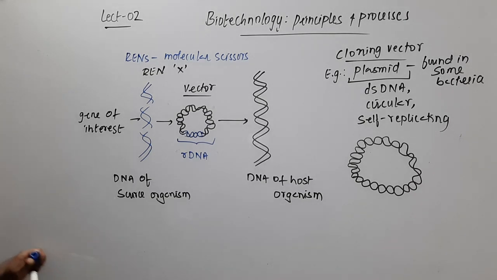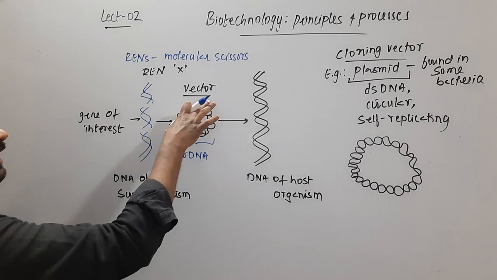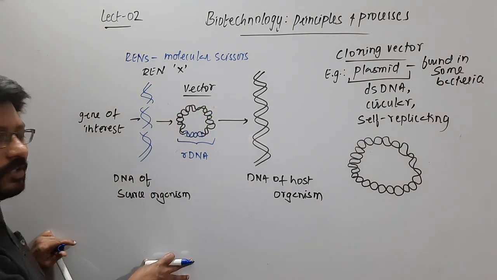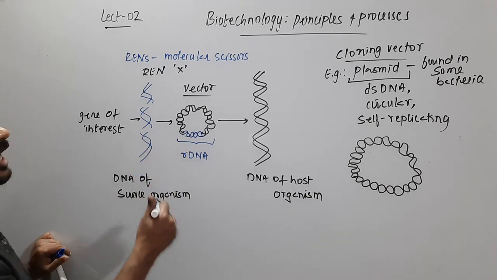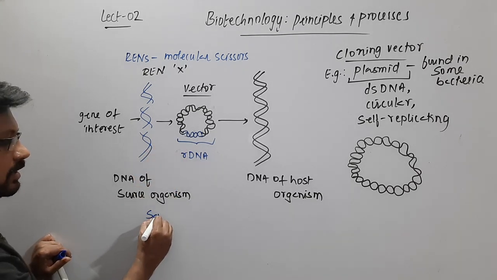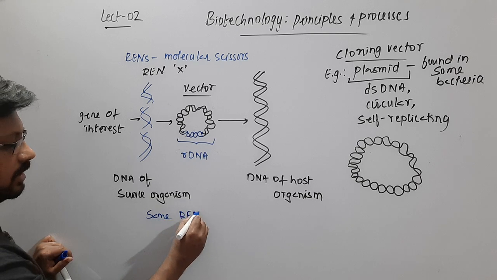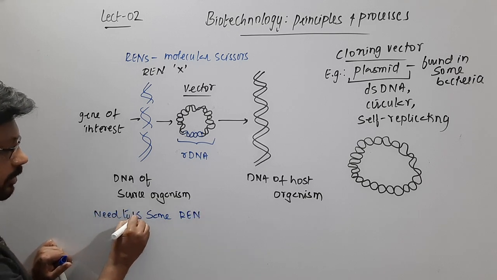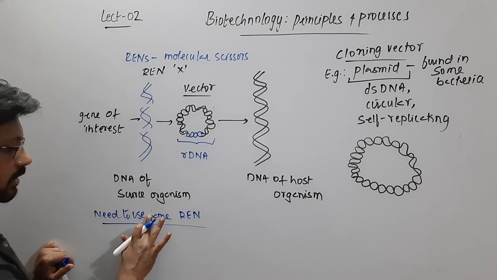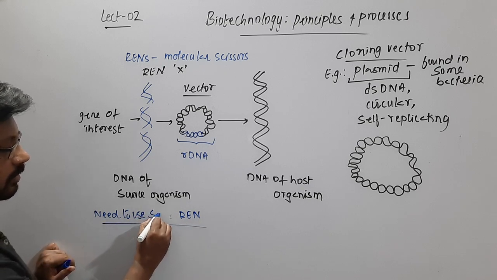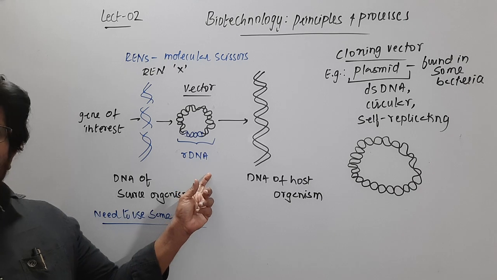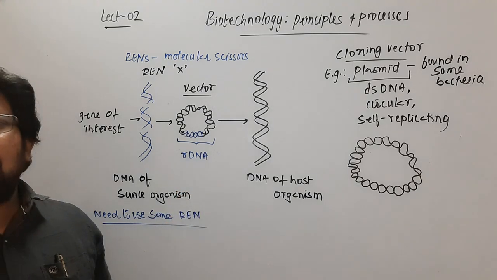Now to do this, for the vector, for the DNA of the source organism and the DNA of the host organism, for all that I need to use the same restriction endonuclease. Only when we use the same restriction endonuclease, all of them will have the same ends and it becomes easy for them to join.